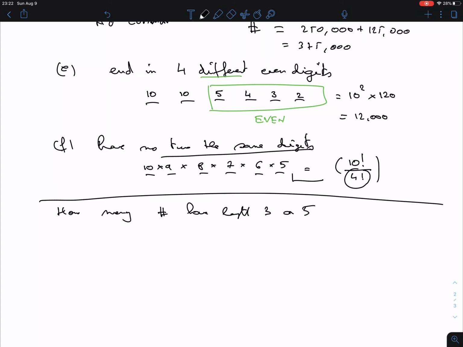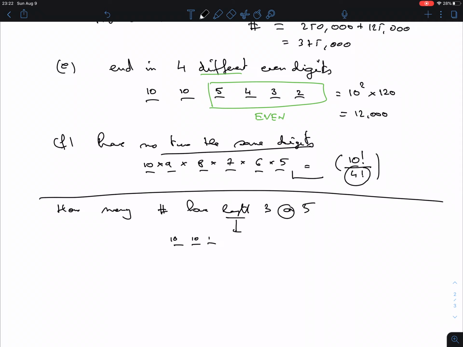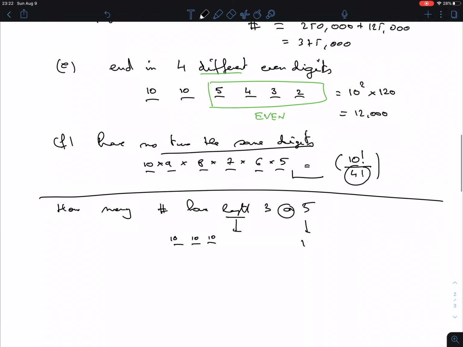So now they can have length 3 or they can have length 5. Let's just look at an example like that. So what I'm building is again an OR. What are the ones of length 3? Well, a number of length 3 has 3 choices, so 10, 10, and 10 here. And a number of length 5, well, that's again 5 choices: 10, 10, 10, 10, 10.